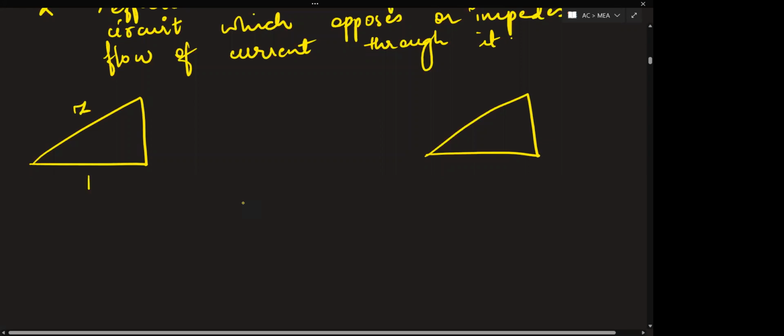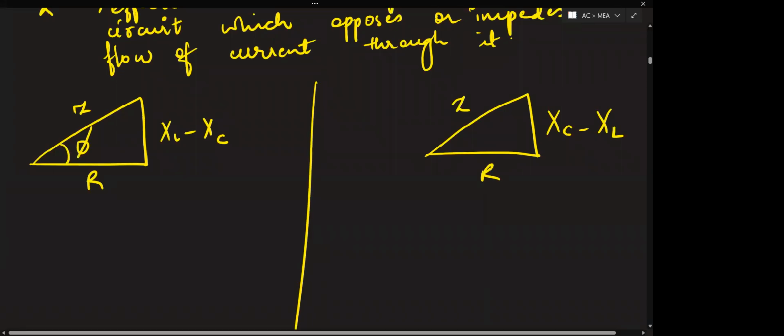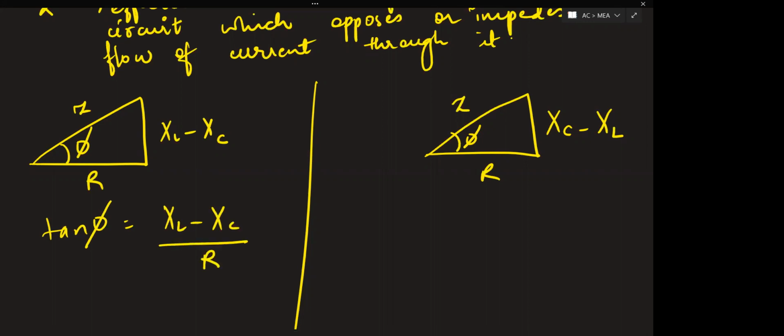This is Z, this is R, this is XL minus XC, and this is XC minus XL, Z, R. This is the phase angle phi. So tan phi here will be equal to XL minus XC divided by R. And here, tan phi will be equal to XC minus XL divided by R.